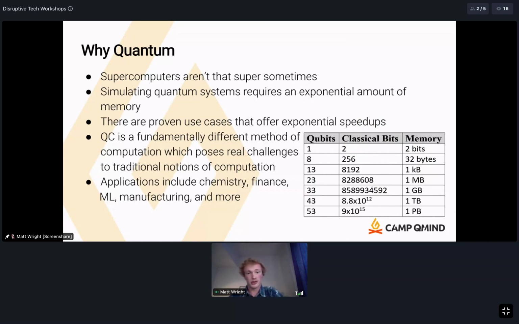Even with supercomputers, some problems are simply intractable. Supercomputers aren't that super sometimes. What that means is they can't do everything. There are some problems that are infeasible for them to solve.